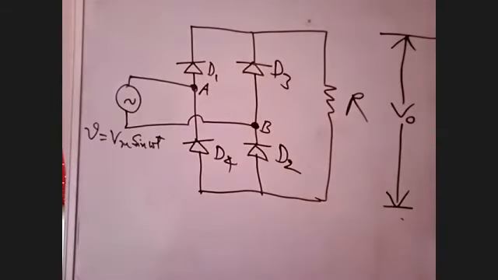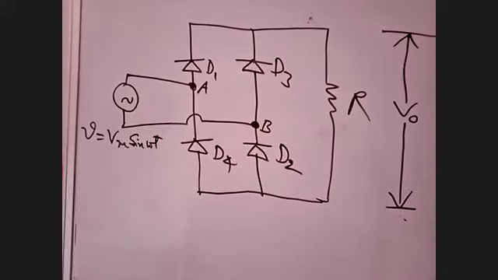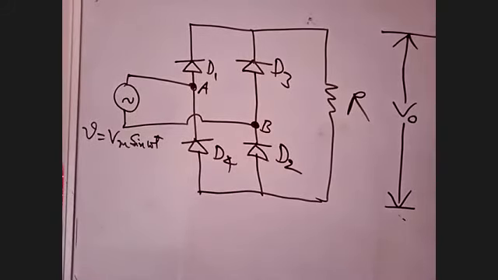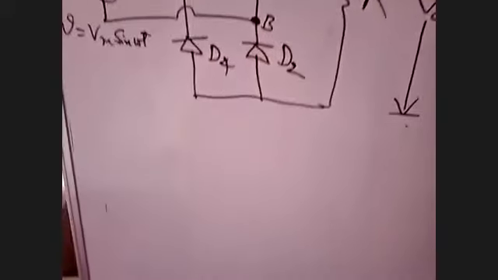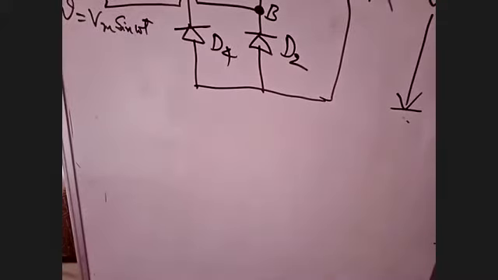Output voltage is taken across the load, across R. Now we'll see how to convert this AC to DC. First of all, I'm drawing the input voltage. First I will draw the input voltage.